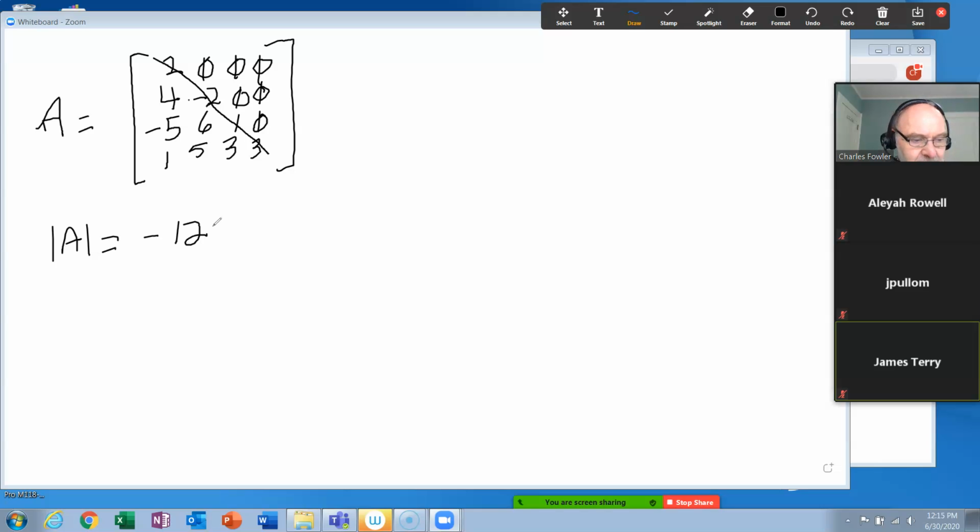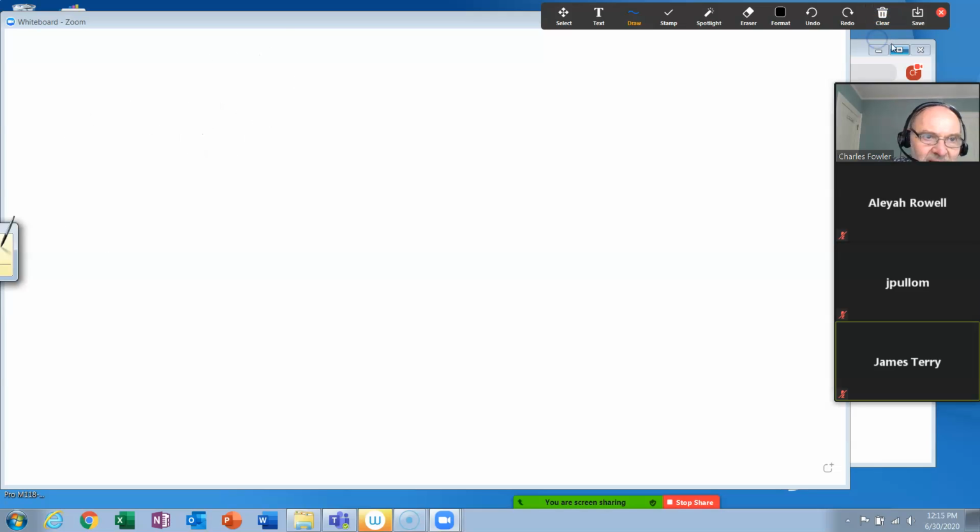Now, I want someone to remind me of what our elementary row operations are. We've hit them several times. What are the elementary row operations? I think we did them in chapter 1.